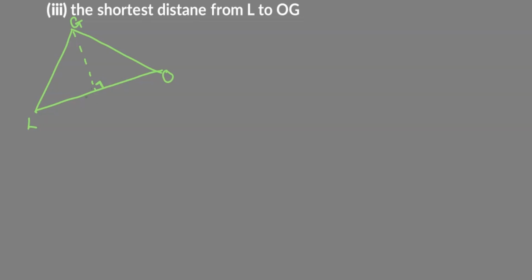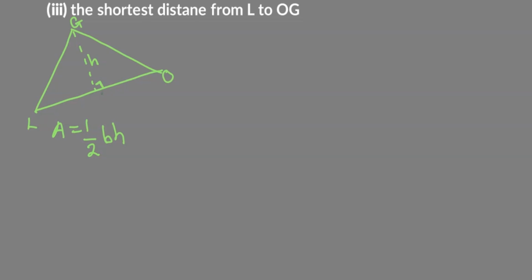When we get this base here, let's say this is LO and we have this particular height, when we use the formula area is equal to half BH, what we're going to get is the area that we just found. It was like 66.1, right?